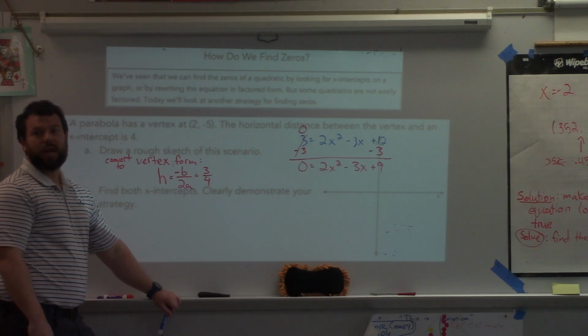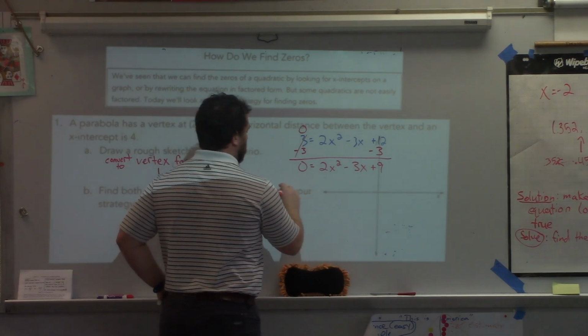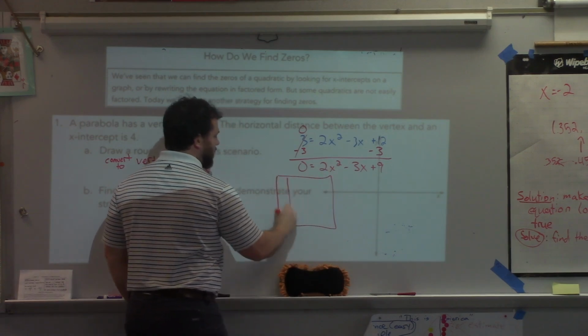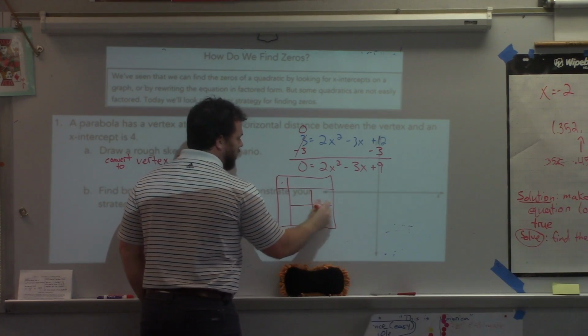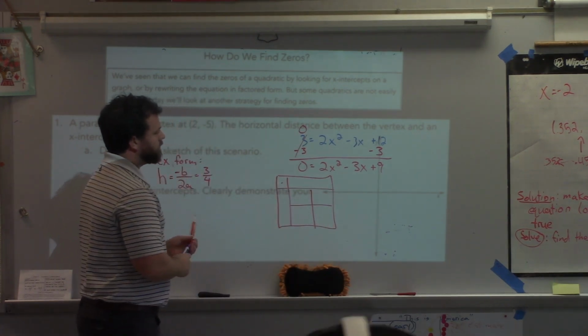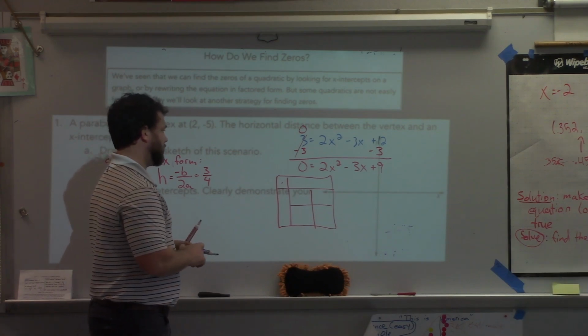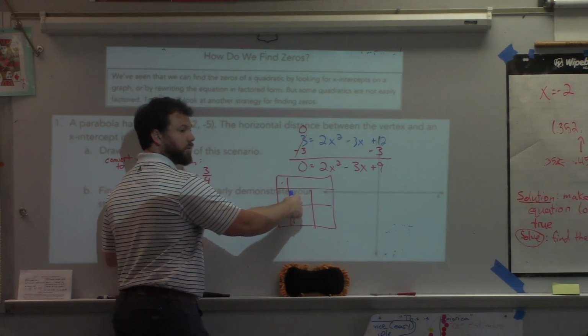I could, but I don't want to convert this to vertex form. But if I look at this one for my factoring, and I'm only doing this quickly to get into what we're doing today for the last half hour of class, what do I know for this area model already? Do I know this box?